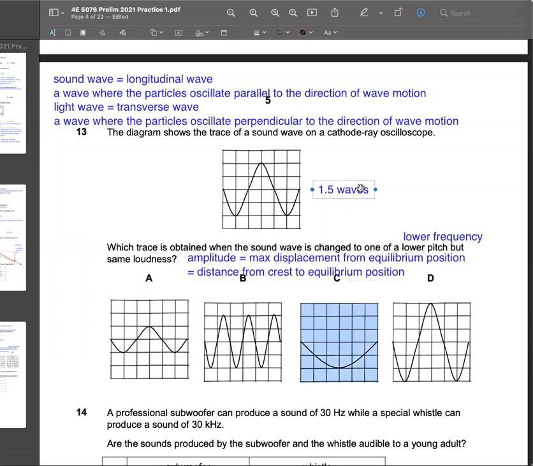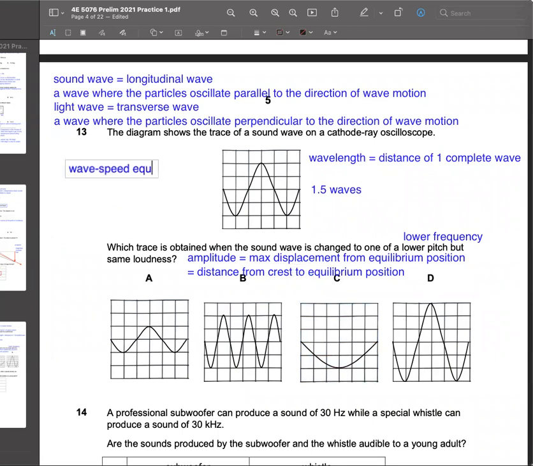What's the wavelength? The distance of one complete wave. Okay. What's the wave speed equation?